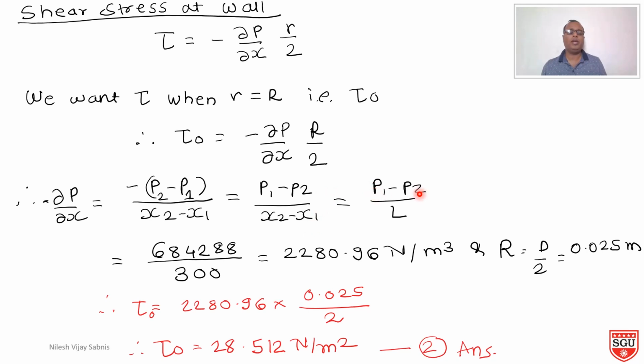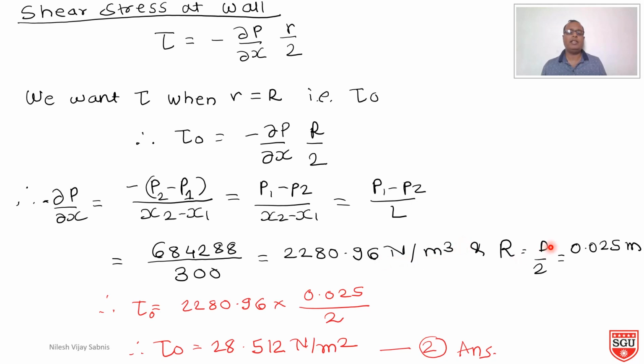p1 minus p2 is the pressure difference, x2 minus x1 is the length. So length is 300, and p1 minus p2 we have found already, 684288. Dividing this we will get the value of minus dou p by dou x, that is 2280.96 Newton per meter cube.